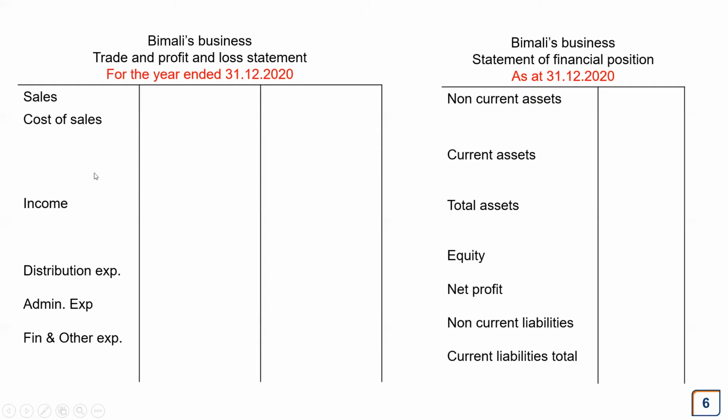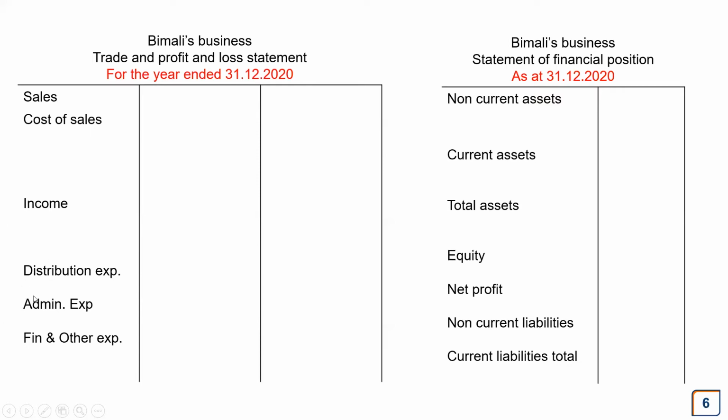Then keep 2 to 3 lines for cost of sales. There can be purchases, opening stock or closing stock, and carriage inwards. Right? Then leave 2 lines so that you can calculate the gross profit or loss. That means approximately 6 lines after cost of sales, and then write income. You have 2 to 3 income records, and then you classify sales and distribution expenses.